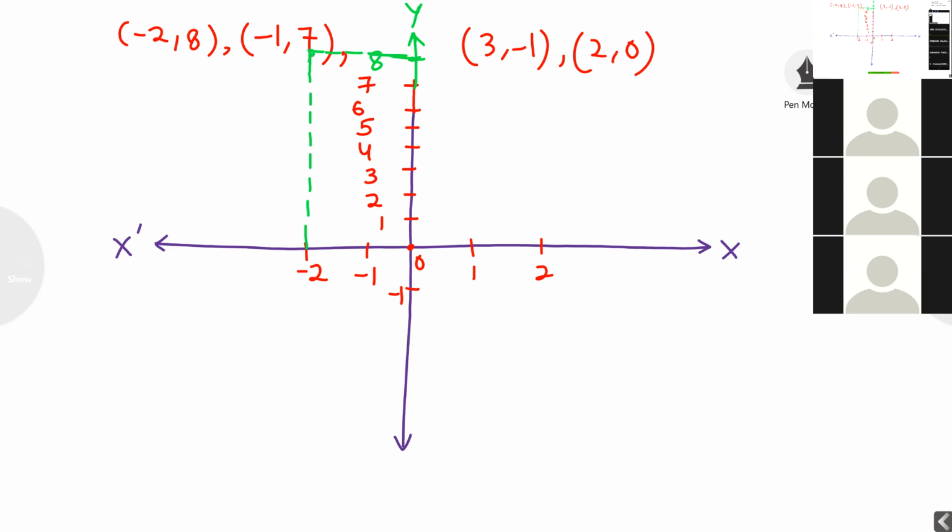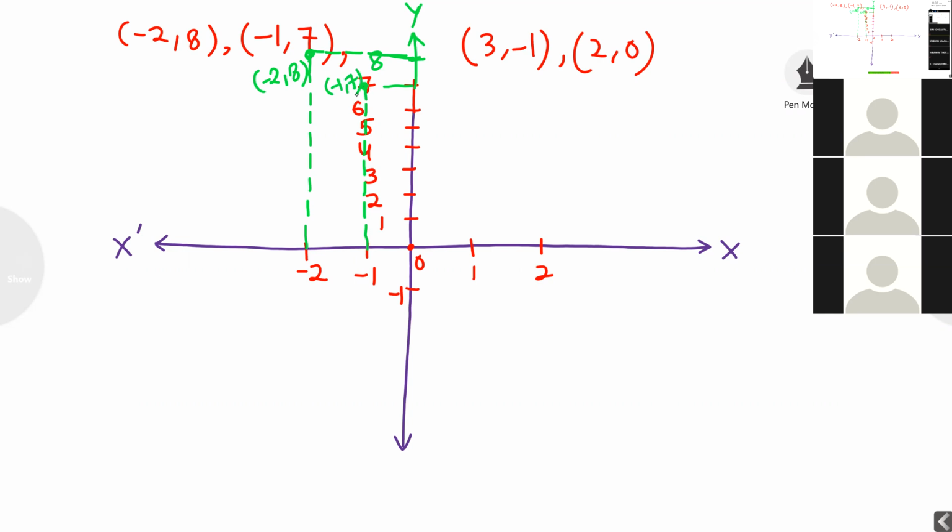This is the point, minus 2 comma 8. Next, x is minus 1, y is 7. x is minus 1 is here and y is 7. This point is called minus 1 comma 7.